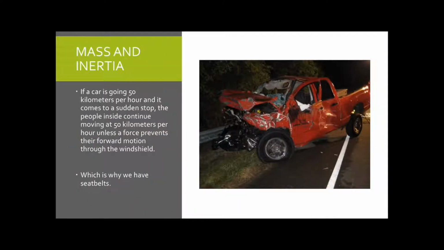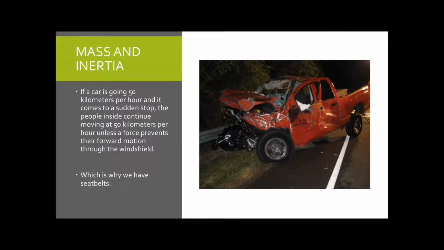Let's go through an example here. So if a car is going 50 kilometers per hour and it comes to a sudden stop, you hit something, had to come to a stop because there's a deer in the road, whatever it may be, the people inside are going to continue moving at 50 kilometers per hour unless a force prevents them from moving forward through the windshield.